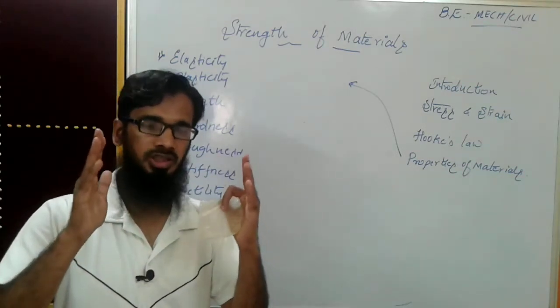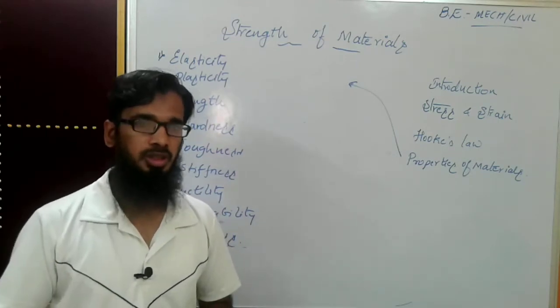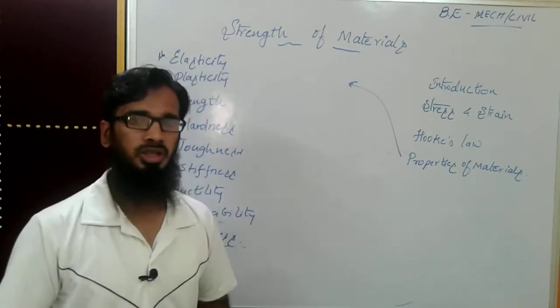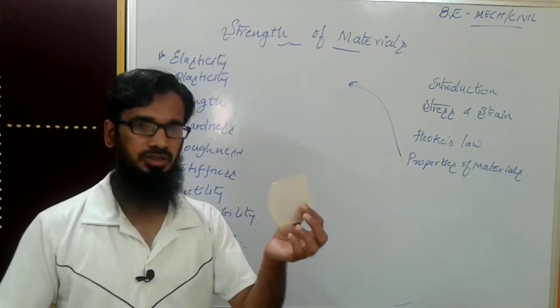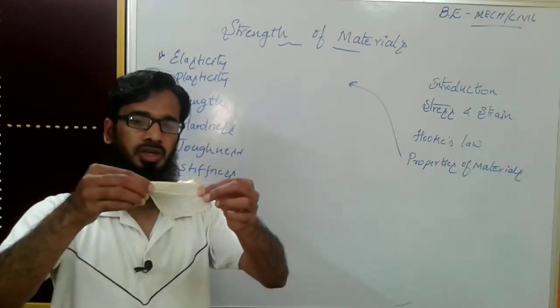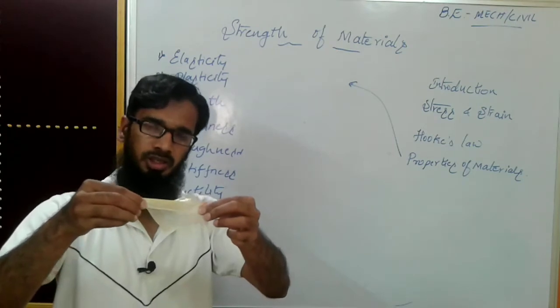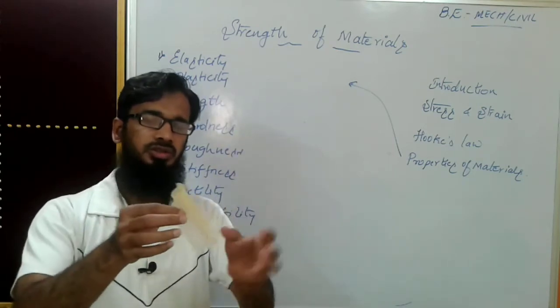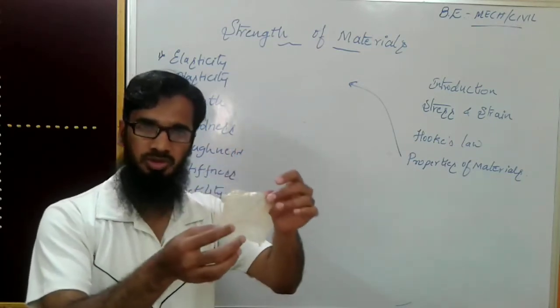Now plasticity means, apart from elasticity, because to some extent elasticity will be there in all the materials. But with plasticity, even if you apply more load on that particular material, it doesn't come back to the same shape and size. If I take a plastic cover and apply a load, it also has some elasticity to some extent, but even after applying a load, you can see the dimensions change, and it doesn't come back to the same shape and size.